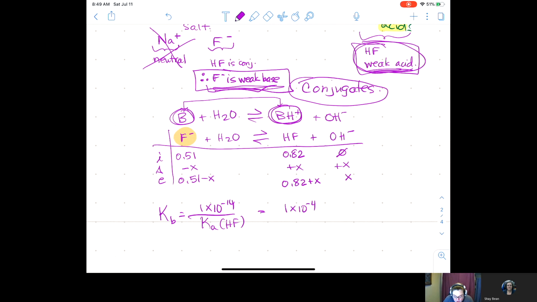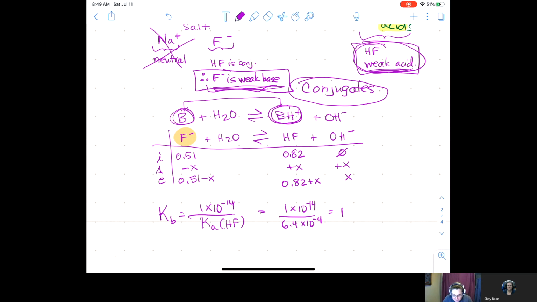We saw this in the salts video, and the Ka for HF is 6.4 times 10 to the minus 4. We saw this way of calculating a Kb or a Ka if we're dealing with a conjugate of something in our table back in the salts. You can actually go ahead and calculate it, or I often like to just continue to write it this way.